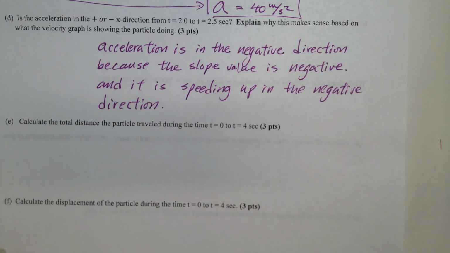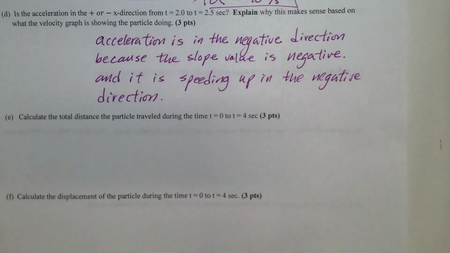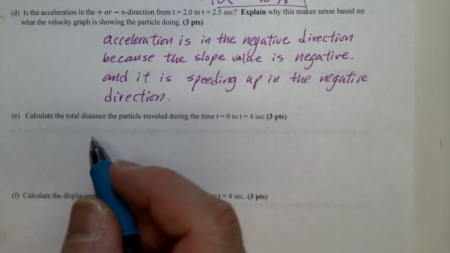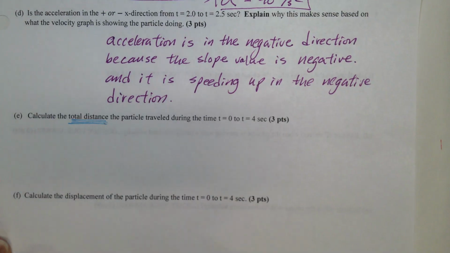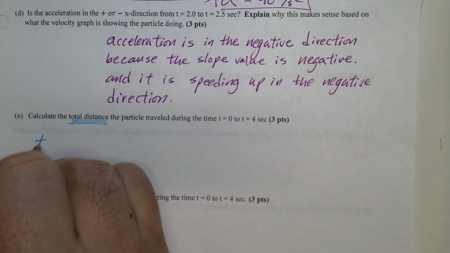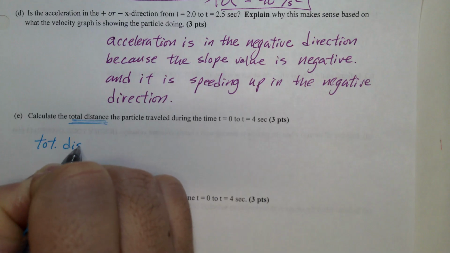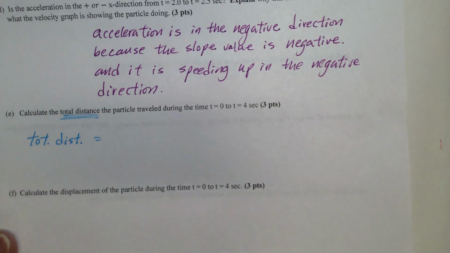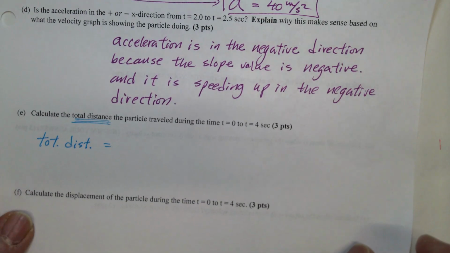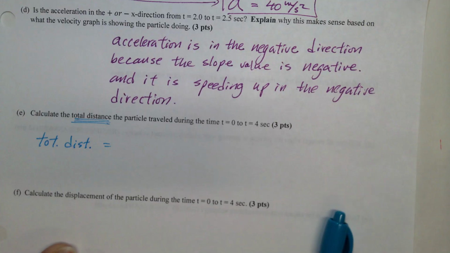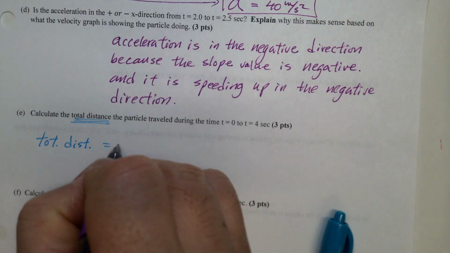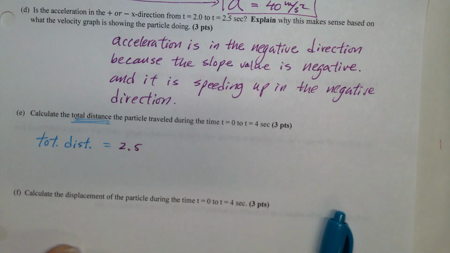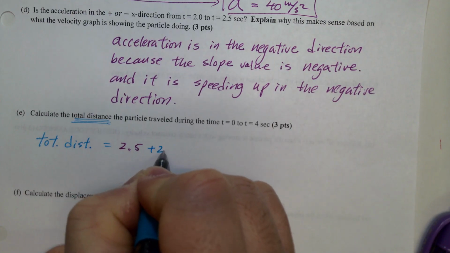All right. So how do we calculate the total distance traveled? Total distance traveled is adding up all the change in positions in absolute value. So the first one is 2.5, right? Plus 2.5.